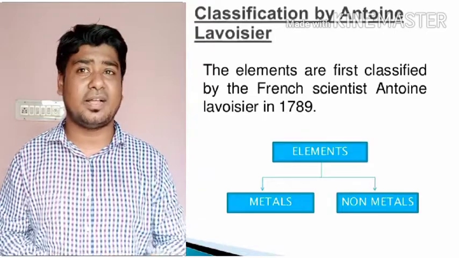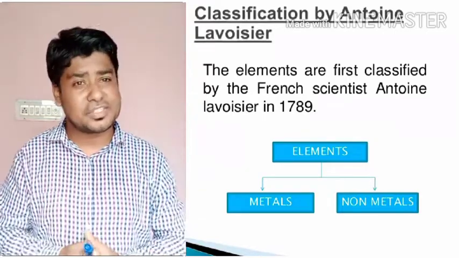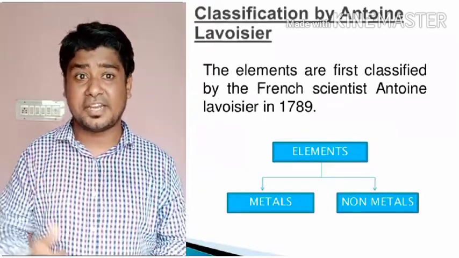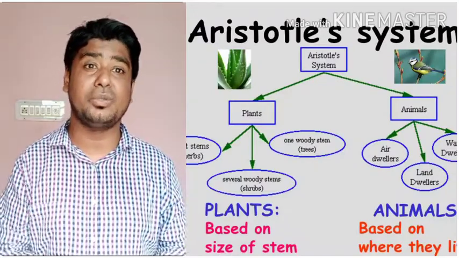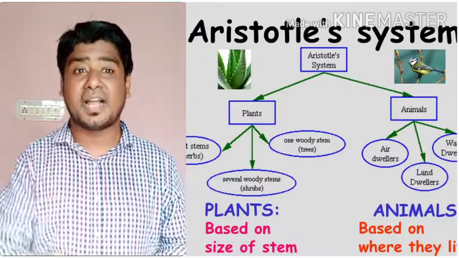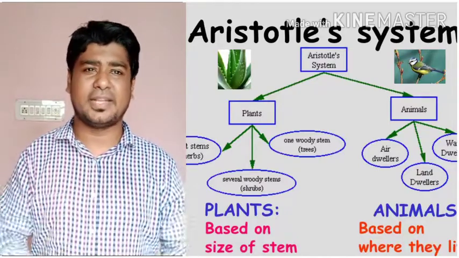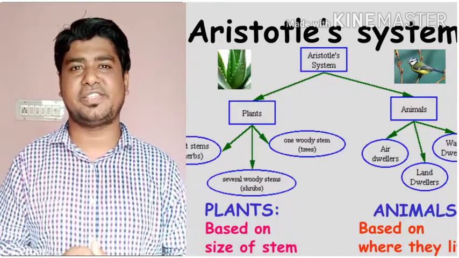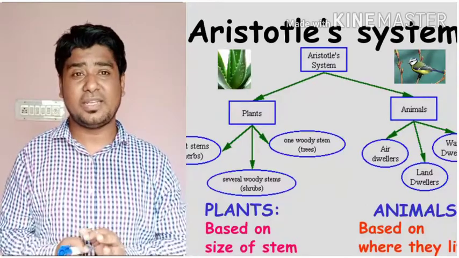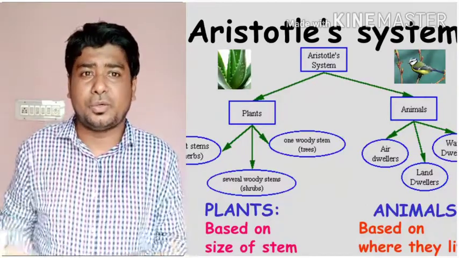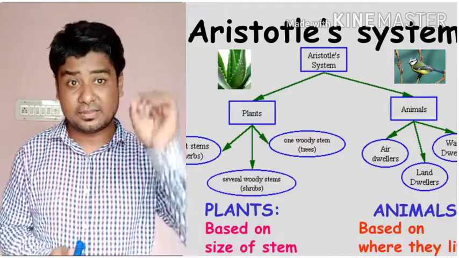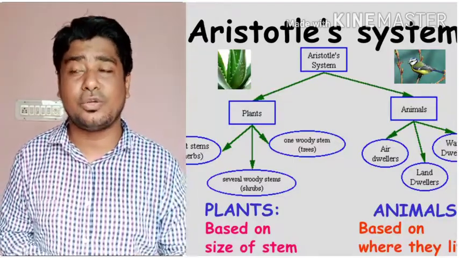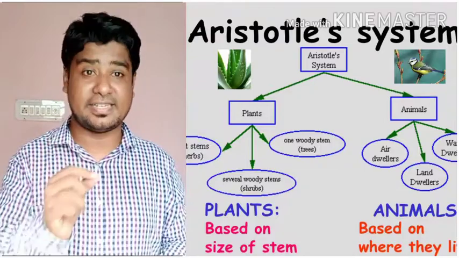It's not helpful for us to remember everything. Just like Aristotle had done in the earlier stages, organisms being classified into terrestrial, aquatic and aerial. But that's not sufficient for us to study. So that is why the first step was not quite helpful. But that's the basis. We got to know that elements can be classified.